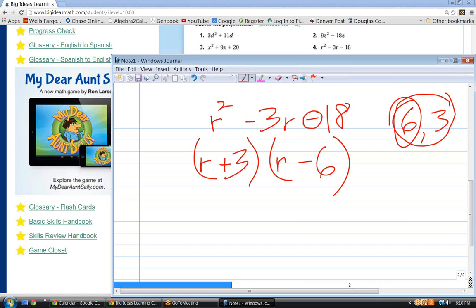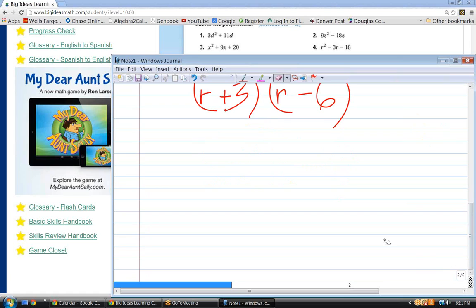Has to be like that, because otherwise if I put the 6 over here, I'm going to get a net positive as a middle term. So that's the way to memorize it, is to just say whatever two factors accomplish what we're trying to accomplish, put the bigger of those factors with the sign of the middle term. Okay. All right.